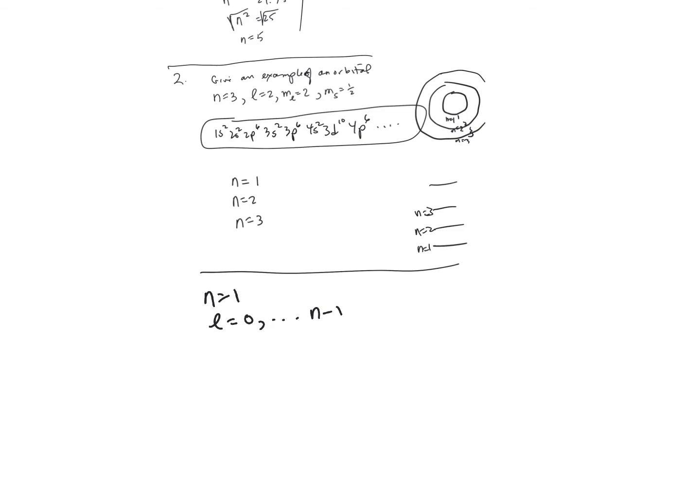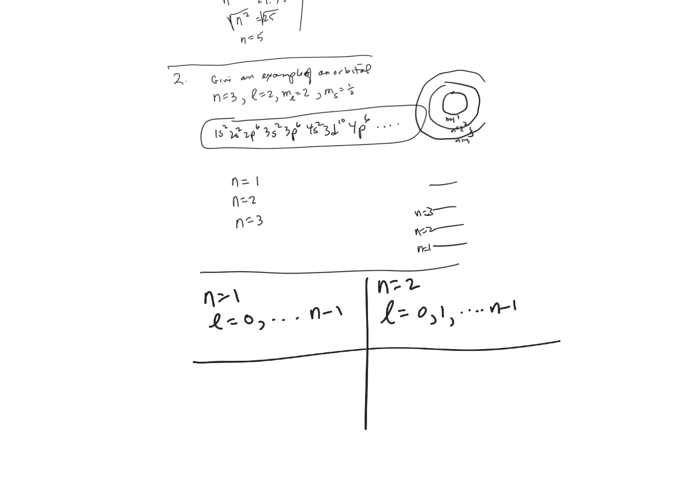If n equals 2, L can be 0, 1, all the way up to n minus 1, so if n is 2, it can only go up to 1. For n equals 1, it can only be L equals 0. For n equals 2, it can only be 0 and 1 because it goes up to n minus 1.